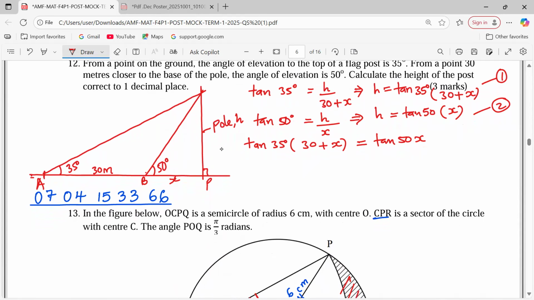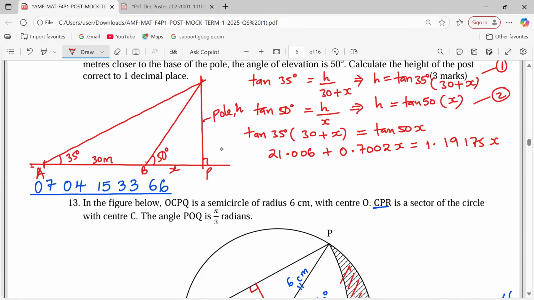This gives us 21, plus tan 35, which is 0.7002, I'm just trying to increase the accuracy, times x. This is equal to tan 50, which is 1.19175x.